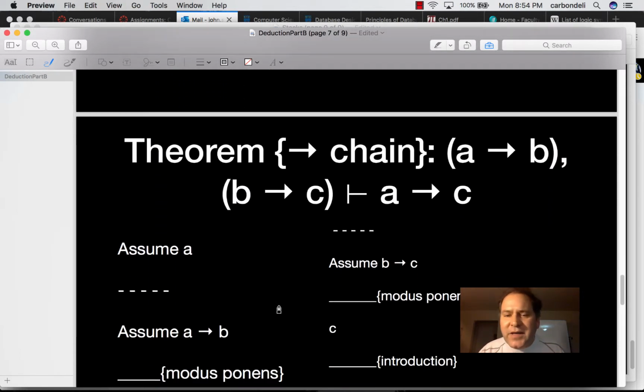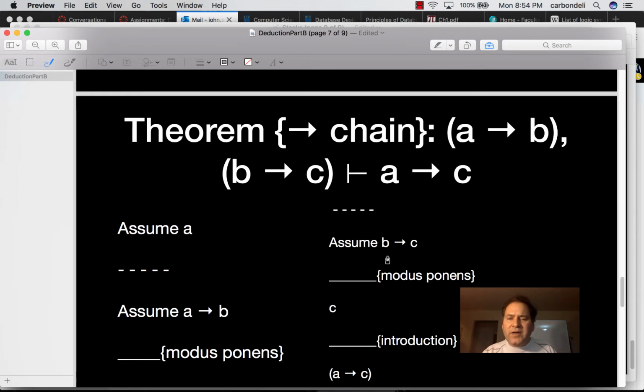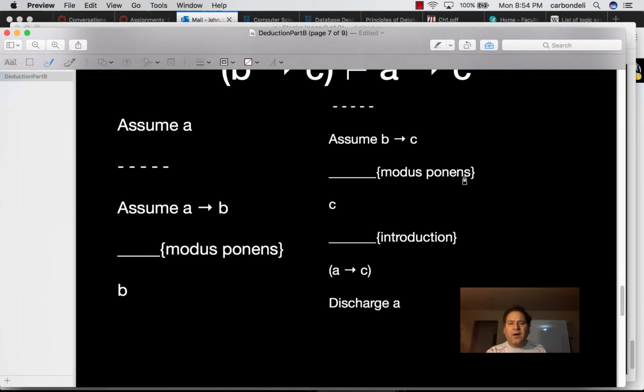And here we have the implication chain rule, in which if we can state A implies B and B implies C, then we can prove A implies C. So we start at the top of the left column here at the left, and we make the assumption of A. We make the assumption of A implies B, and then utilizing the modus ponens theorem, we can state that B is true.